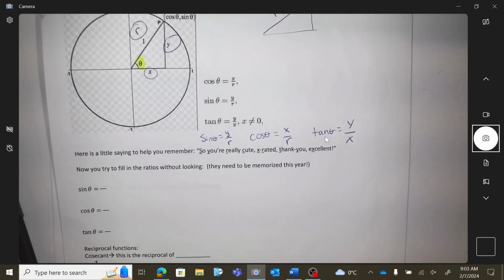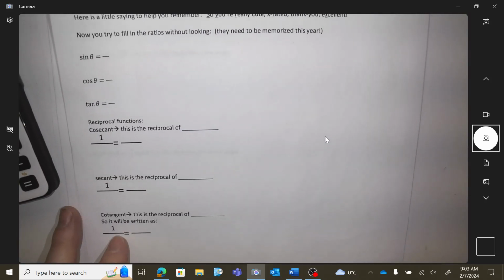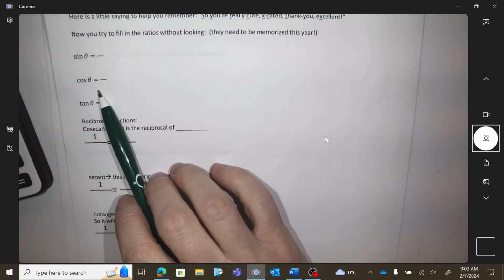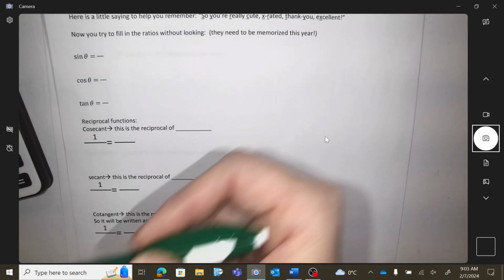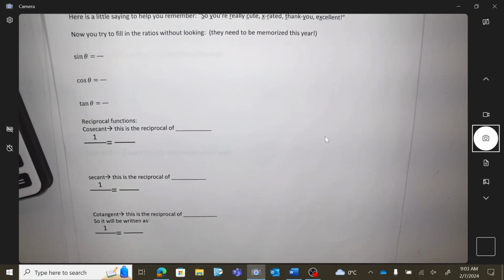Okay, so let's write those in. So think about, so you're really cute, X-rated, thank you, excellent. See if you can write them in on that little chart using that acronym.